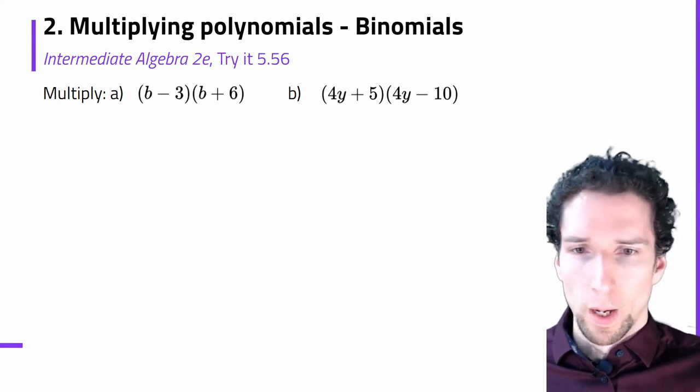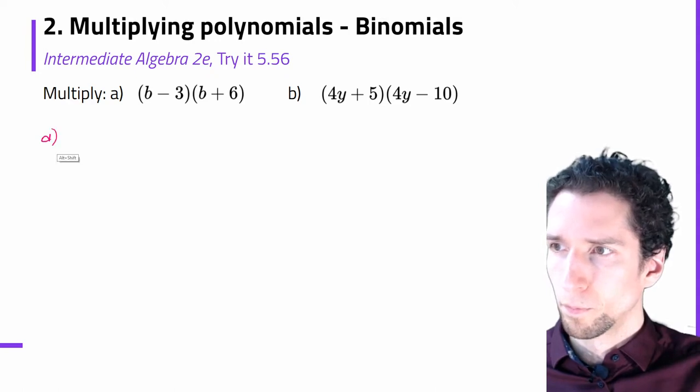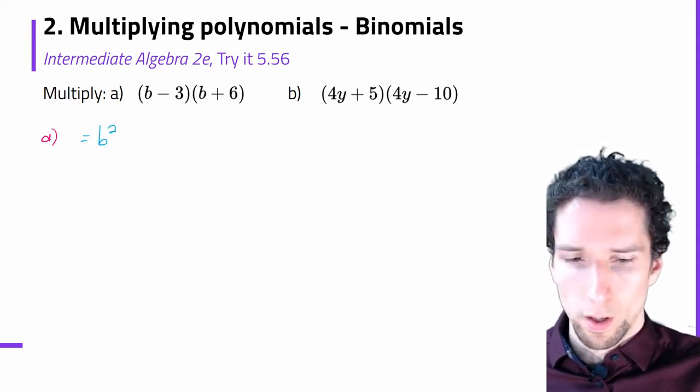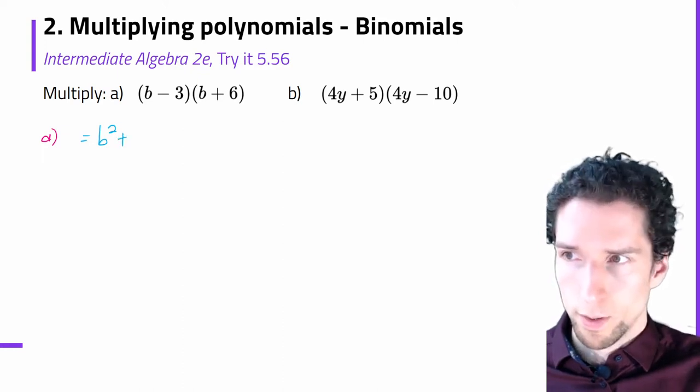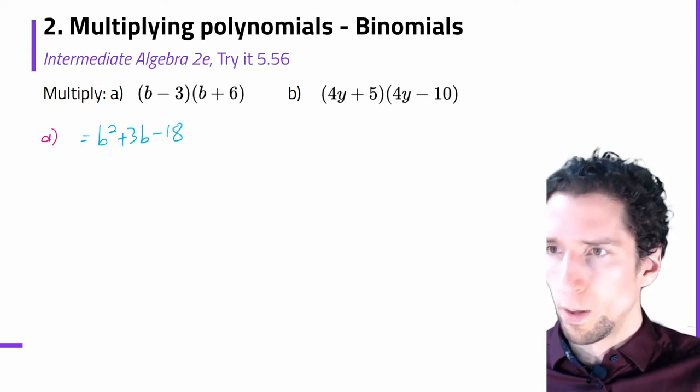Okay, our first one here, this will be b squared plus 3b minus 18.